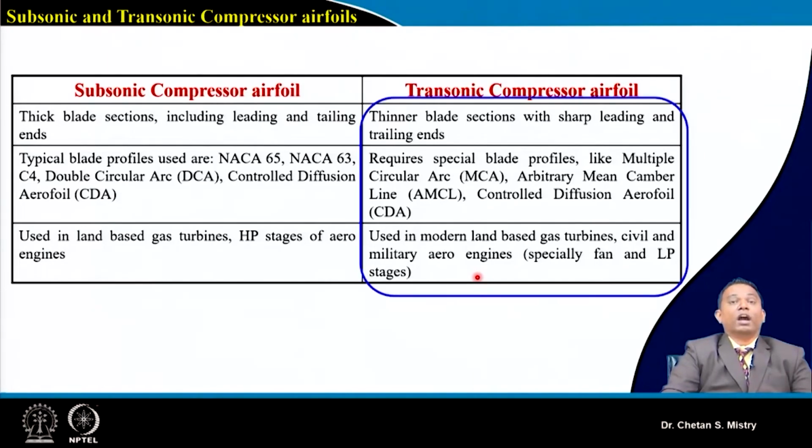So our major focus is on why these aerofoils are thinner, and why we look for sharp leading and trailing edges. Why do we look for special kinds of aerofoils, though we already have the C4 aerofoil or NACA 65 aerofoil? We have different configurations here, and there are special applications.